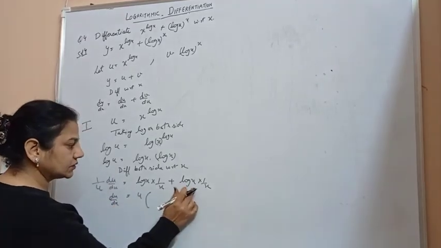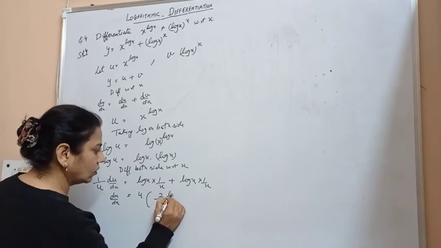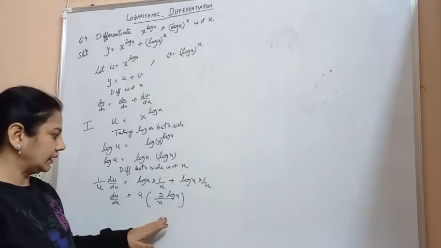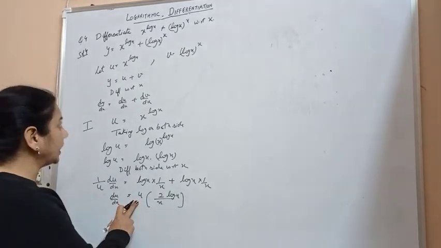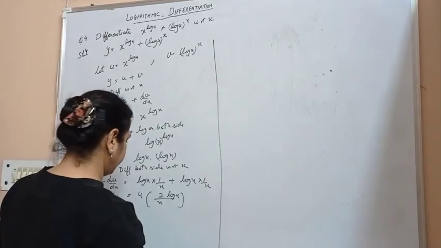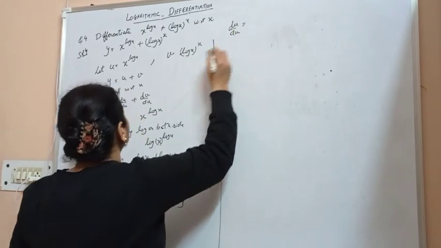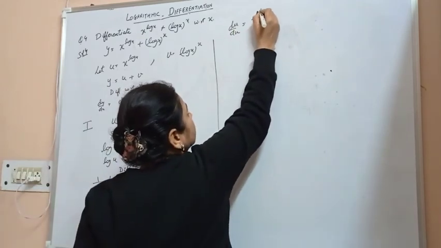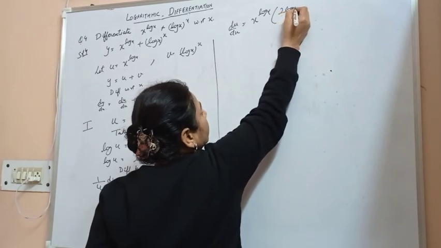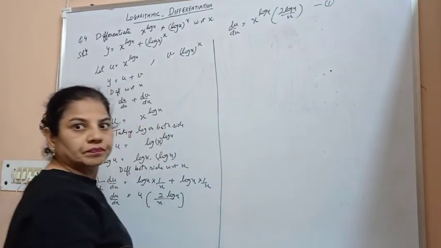So 1 by x twice, so 2 times log x upon x. Replace u by the function x to the power log x. I get du by dx is equal to x to the power log x into 2 log x upon x. This is my first equation.